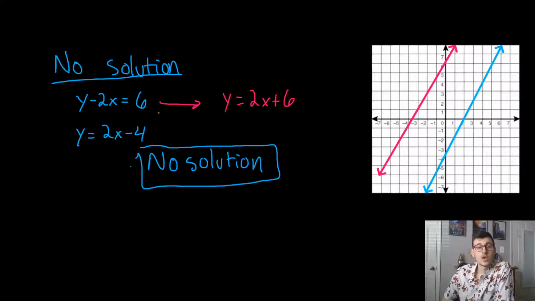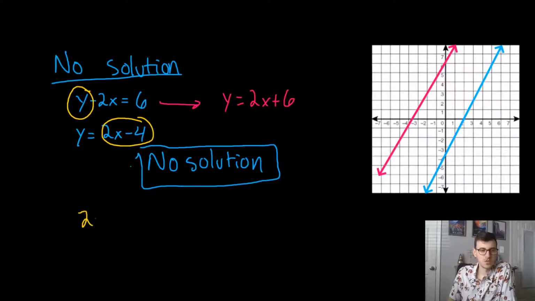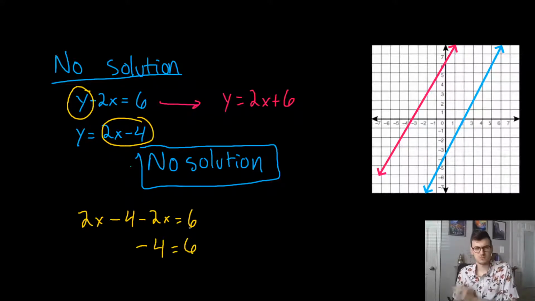Now, we could also solve this by substitution. Since y is 2x minus 4, I could substitute in 2x minus 4 for y. 2x minus 4 minus 2x equals 6. If I simplify, 2x minus 2x is 0, and I'm left with negative 4 equals 6. Does negative 4 equal 6?